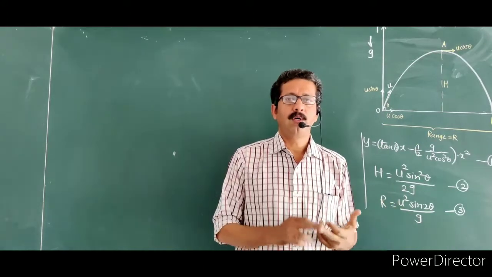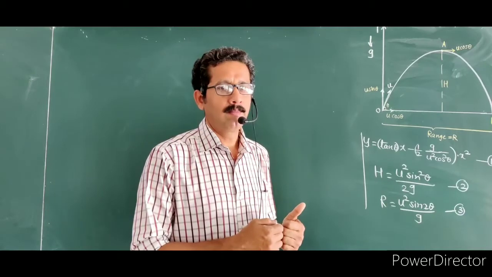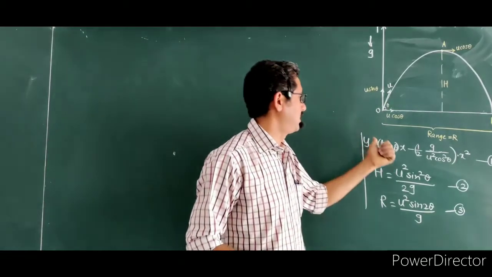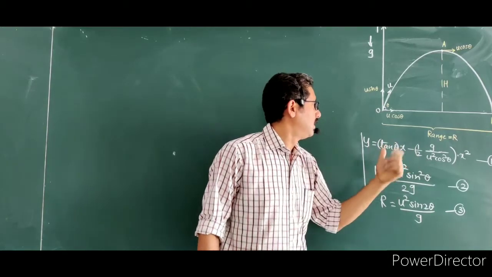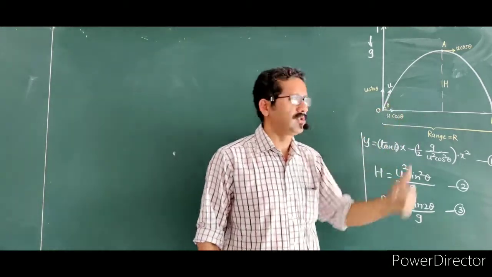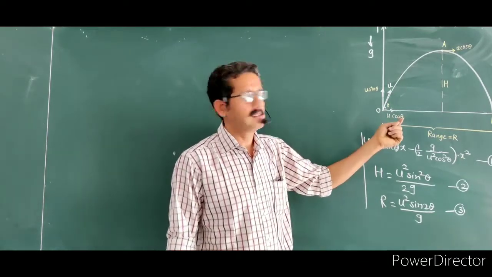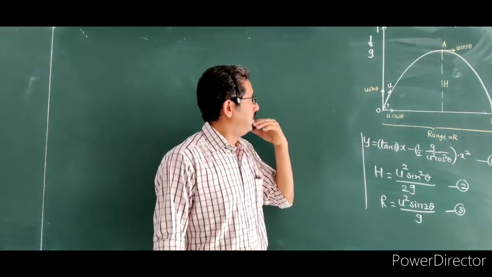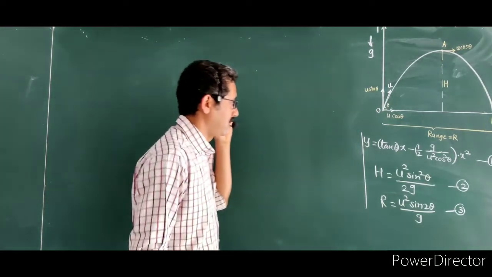So even if your initial speed of projection is not given to you, but the angle of projection is given, and even the range of the projectile is given, at a certain value of x you can find the value of the y coordinate in that case.